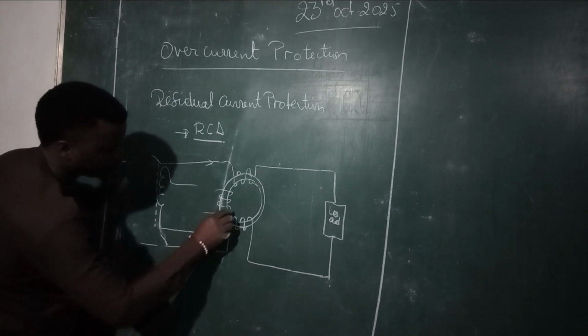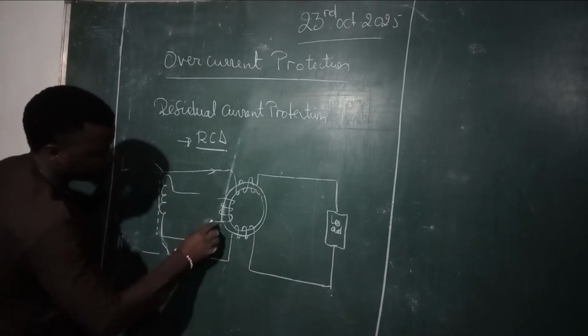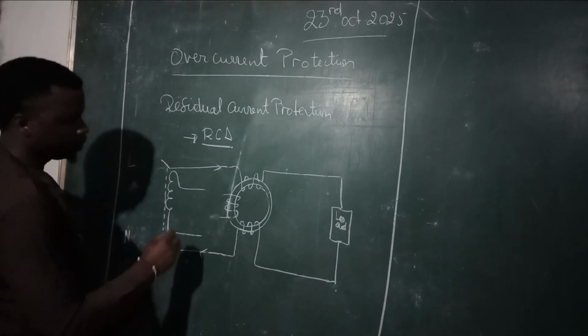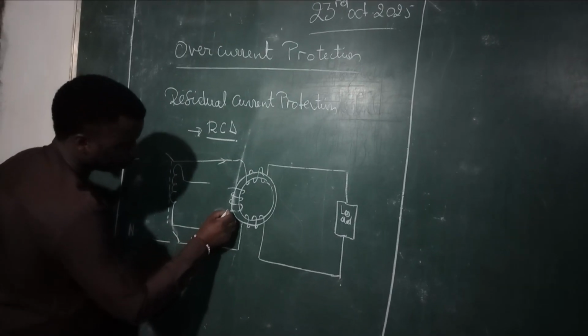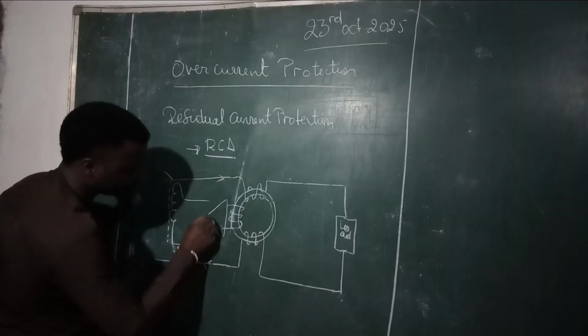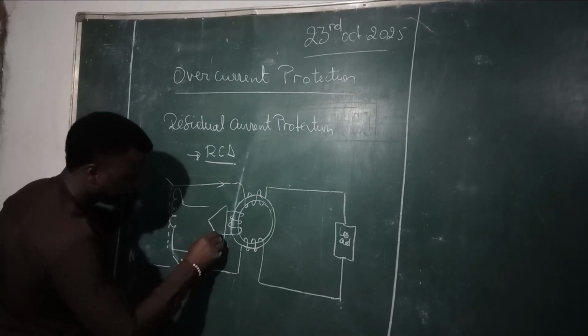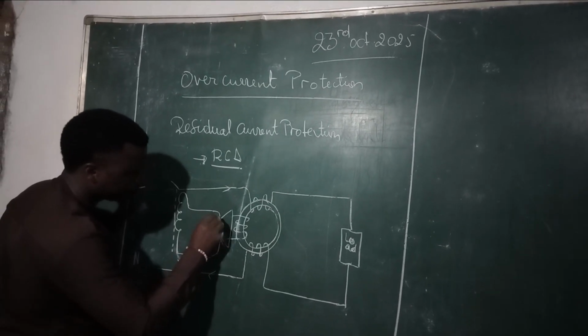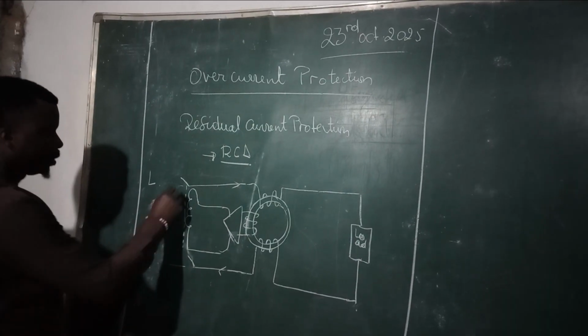This third coil is called a search coil, but its output is somehow low. We pass it through an amplifier, so that it is able to operate this coil.